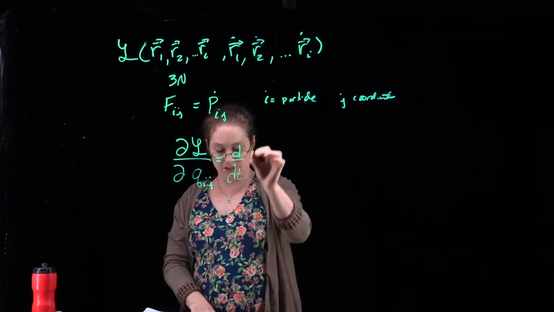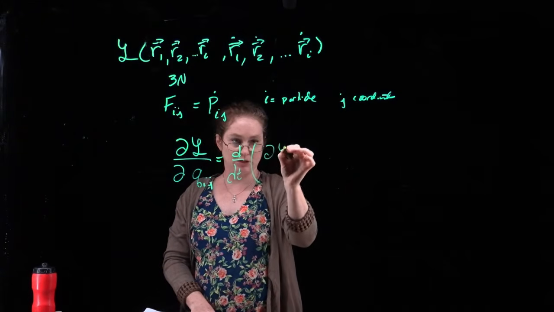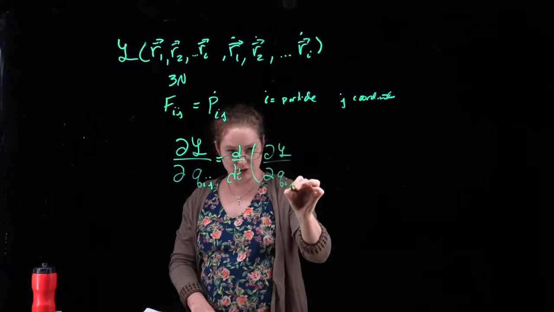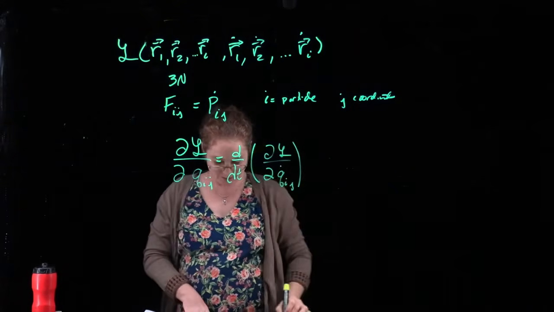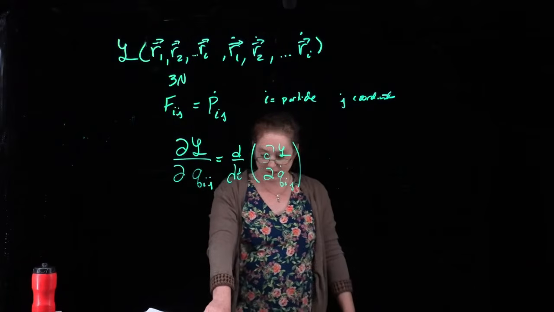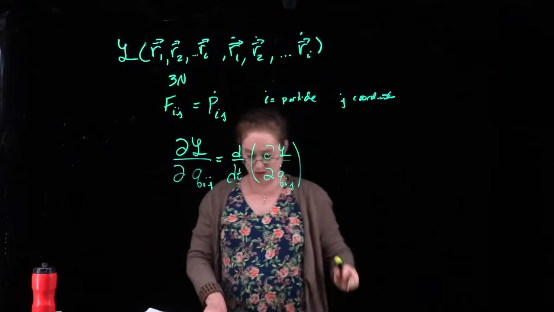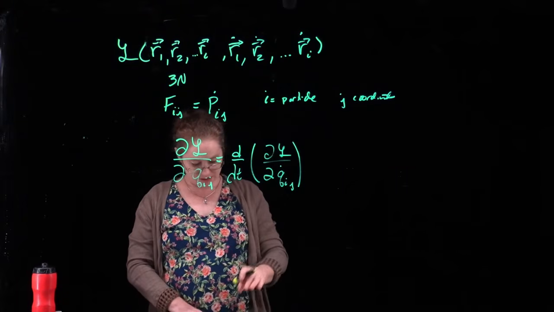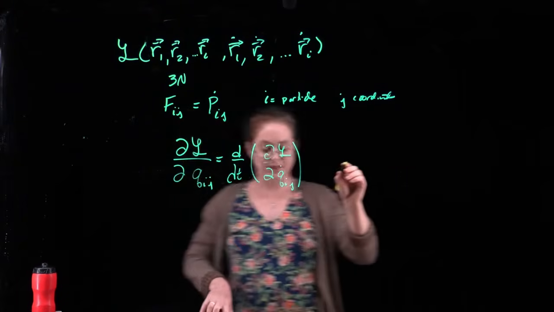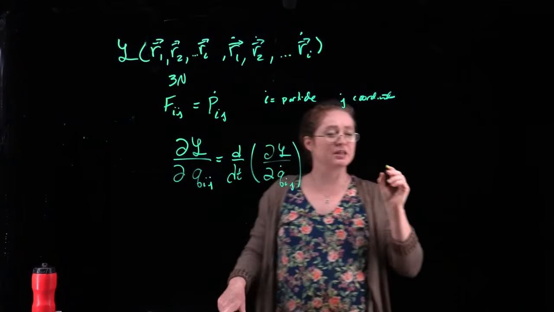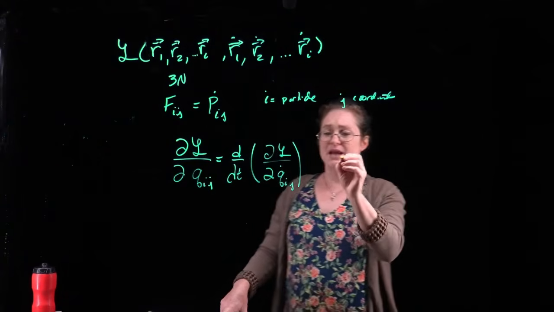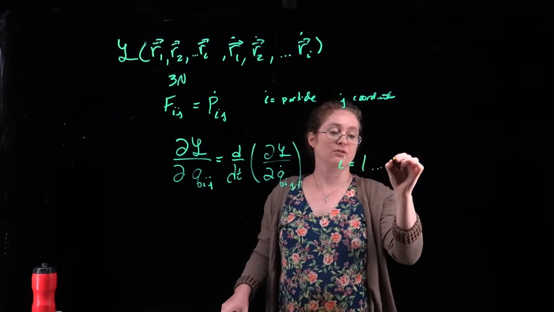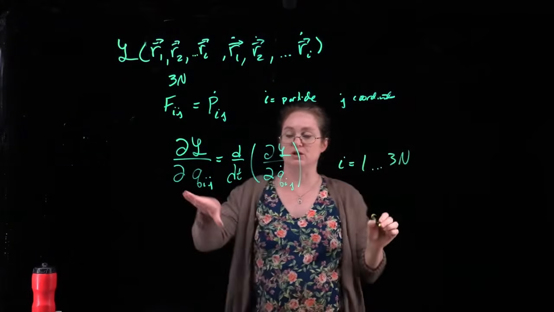This is equal to the time derivative of partial L, partial Qij dot. My derivation is maybe slightly more compact than that in the book, which is usually not a great sign. We have 1 through 3n of these equations.